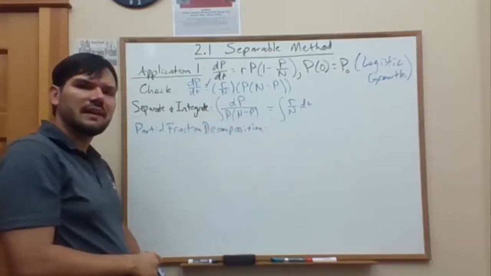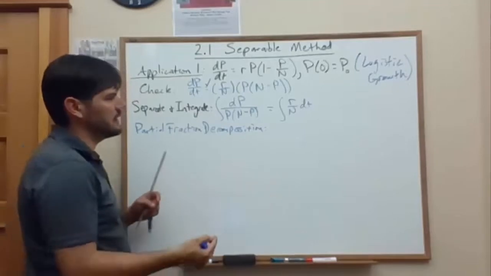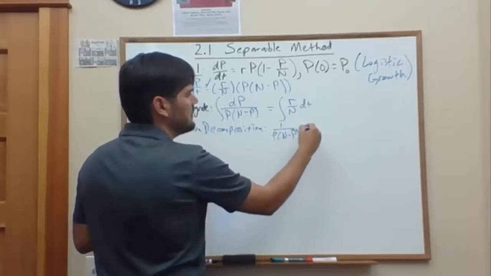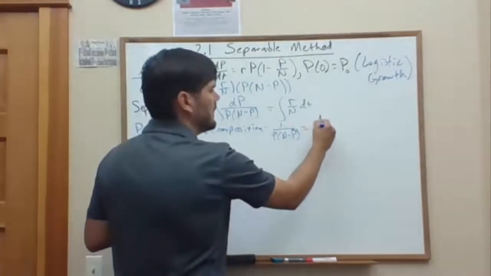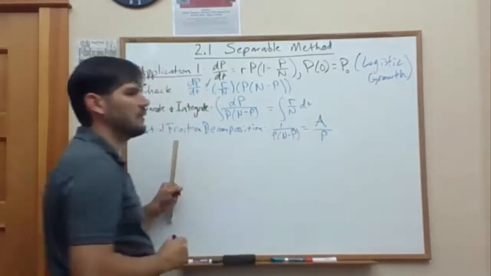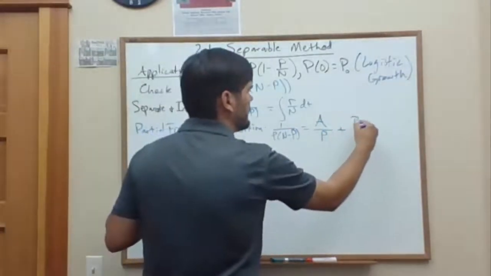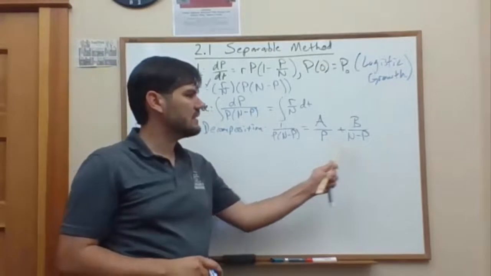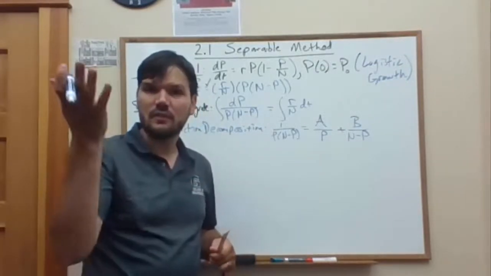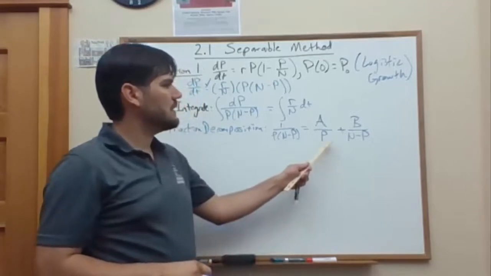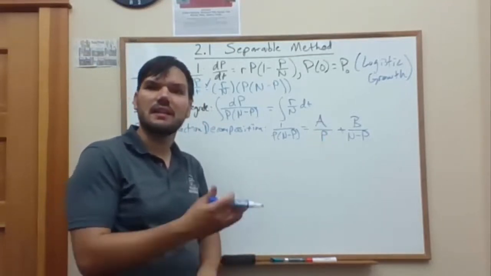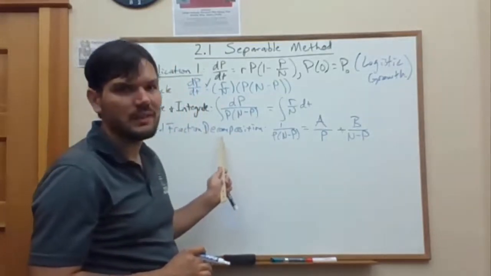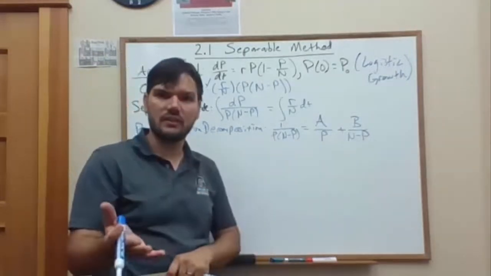So the goal is to break up our common denominator into separate denominators. So we have our 1 over P times N minus P equaling an unknown constant over the first factor plus another unknown constant over the second. Now, one thing to notice here is that each of these denominators is a linear term, at most first order in P, which means that the top terms must be constants, or 0th order, because when we break up into partial fractions, we need to have bottom heavy fractions for this to work.